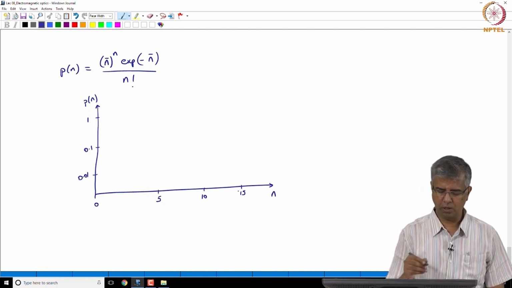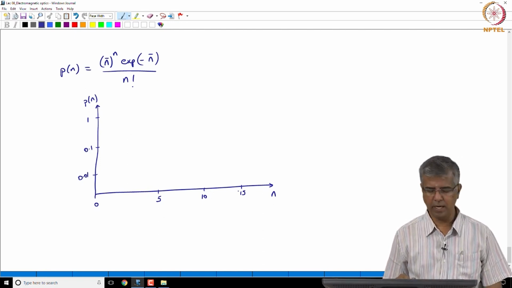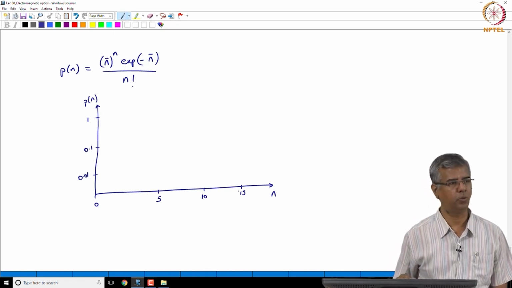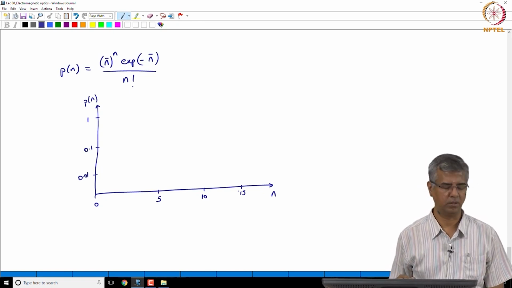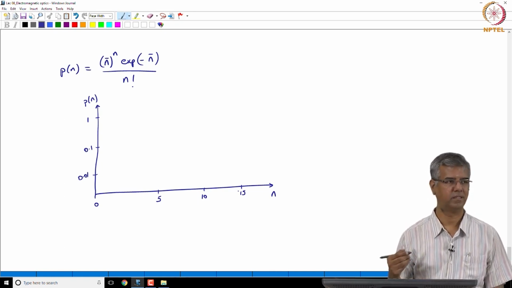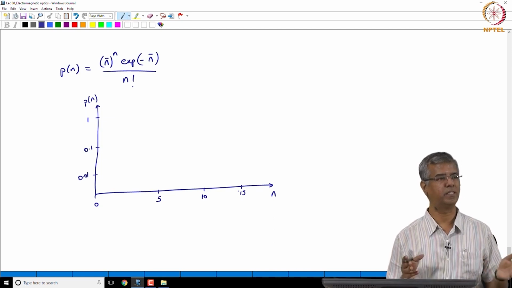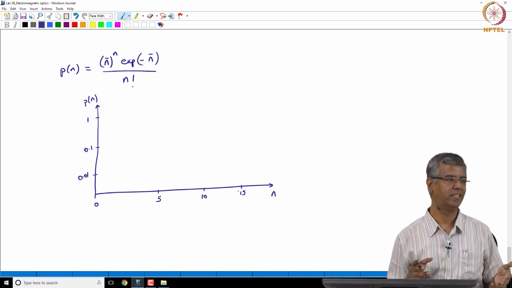Now, let us plot this function for n bar of 0.1. So the average within an interval is 0.1. You would say how can I express it as a fraction?